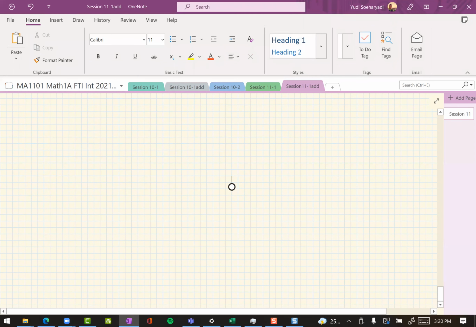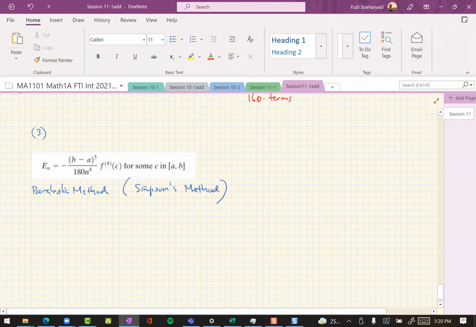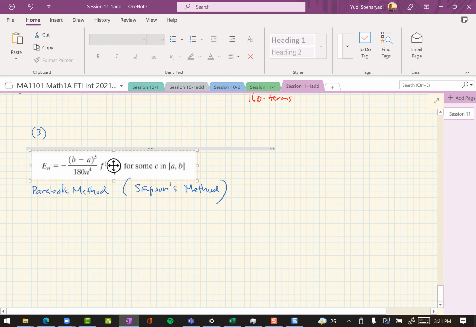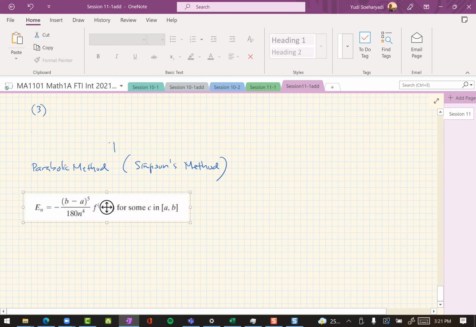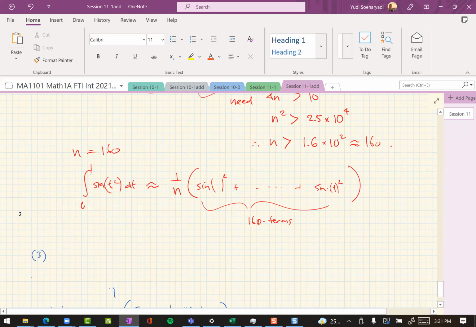The thing with the parabolic method is that we need the fourth derivative. So we need to compute the fourth derivative.